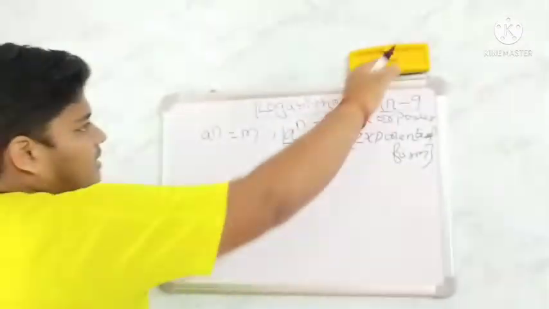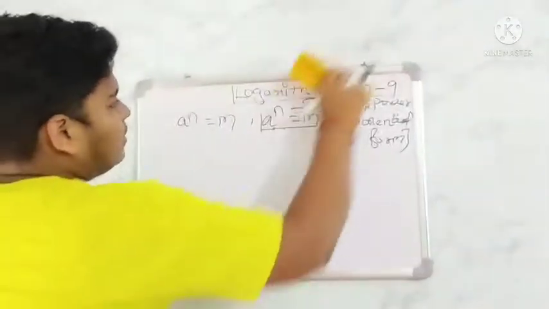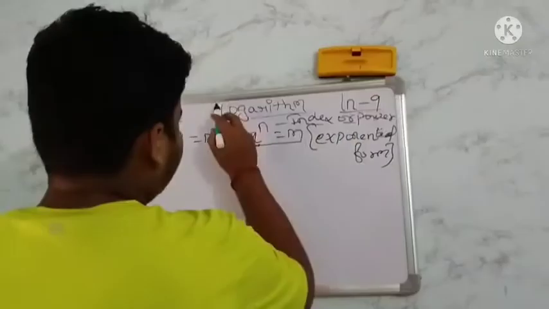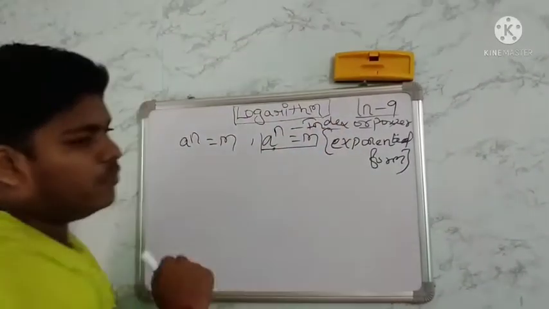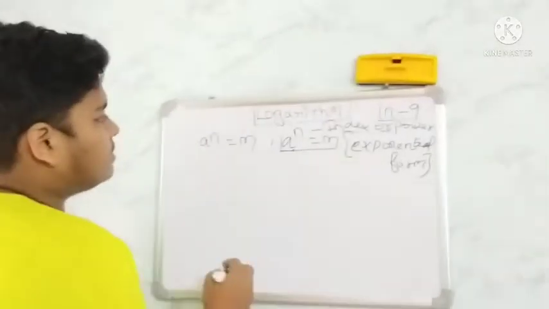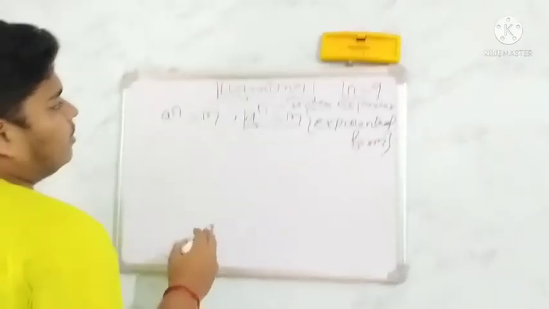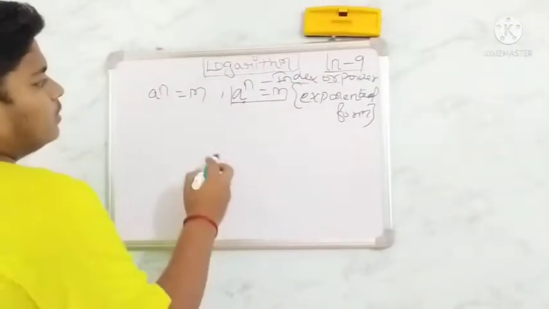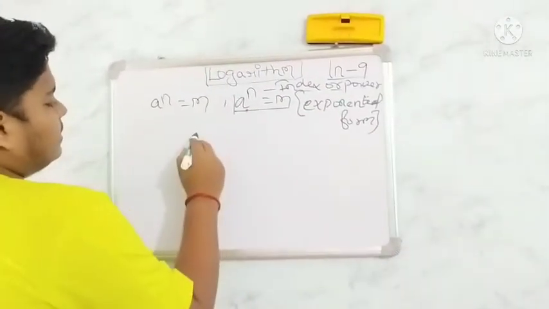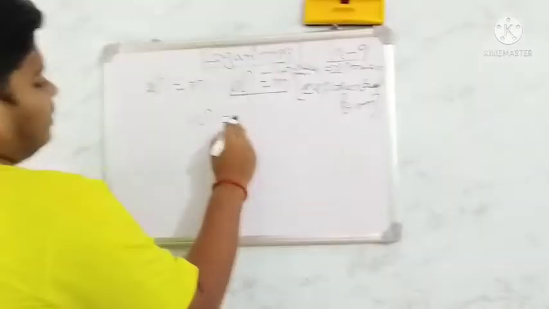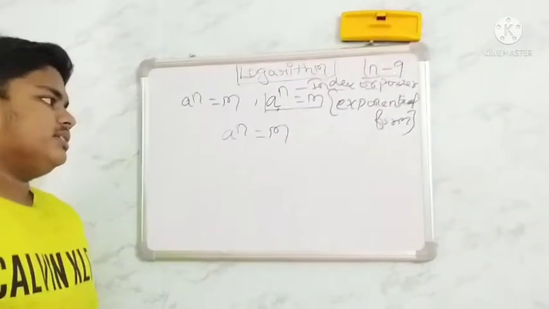From this exponential form, we will learn a new form that is called logarithm form. First we will learn to write this form in a logarithm. Here we have a power n equal to m, which is the exponential form.